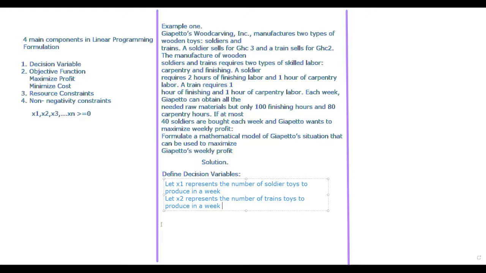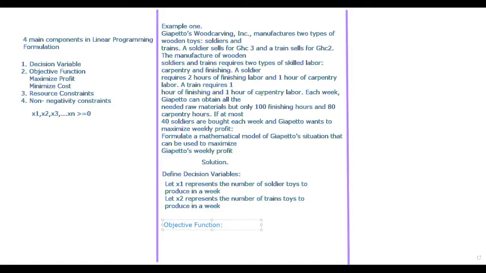Now we are moving on to the objective function. Who can tell me the objective function here? I just explained the objective function. I said the objective function is either we maximize our profit or we minimize our cost. We know this from business mathematics last semester.